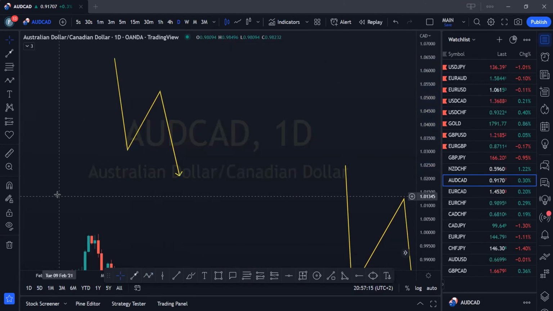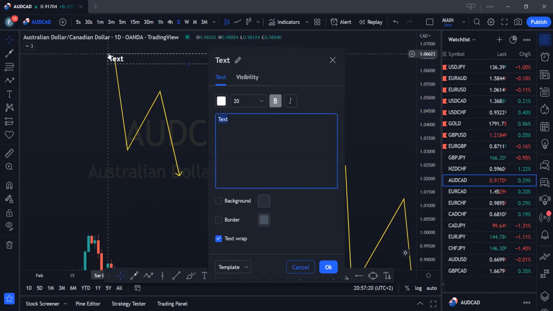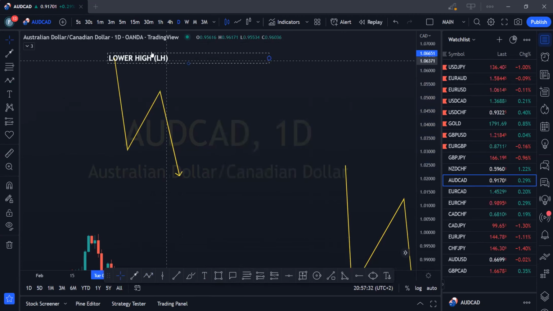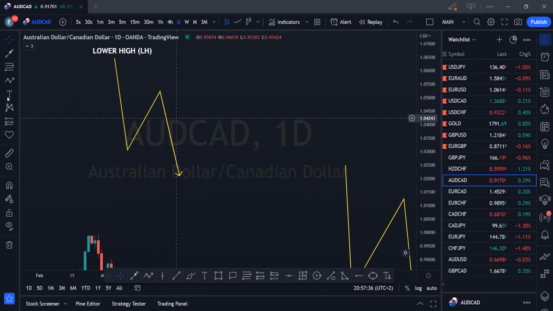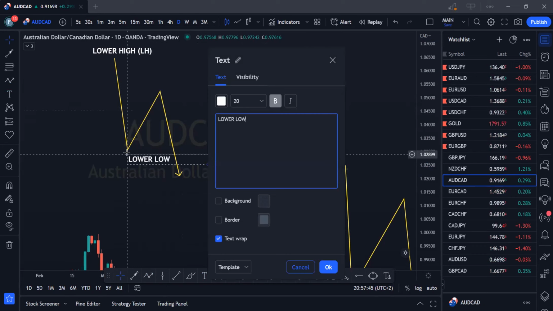So in the case of a downtrend, the first one here is the lower high, LH. And then the next labeling is this one right here, lower low.